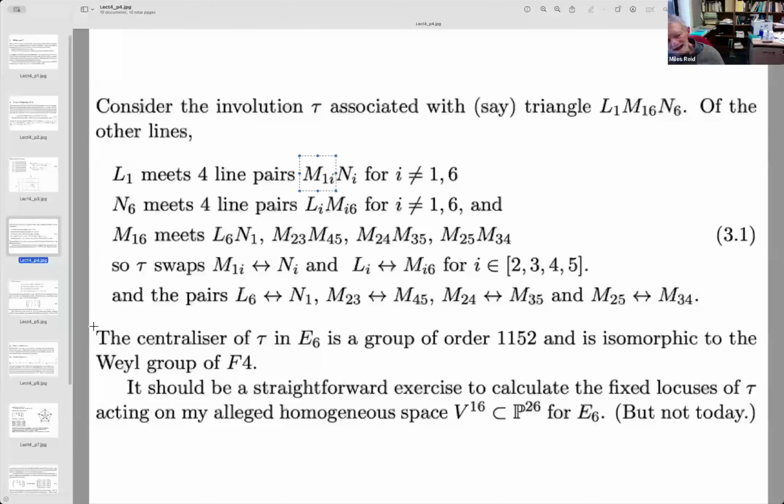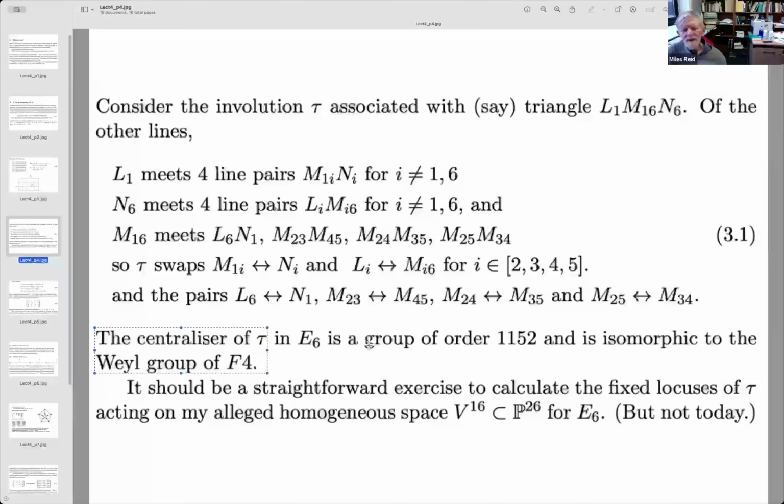Anyway, in a group, if I've got one element, I can ask for all the elements that commute with that. So you ask the computer to calculate that centralizer, and it is the alleged F4.